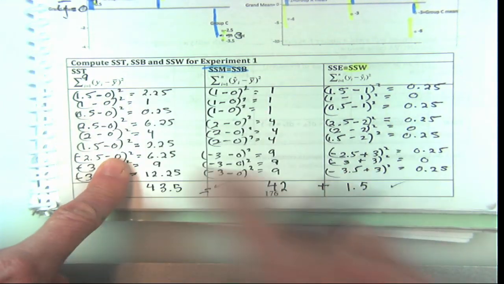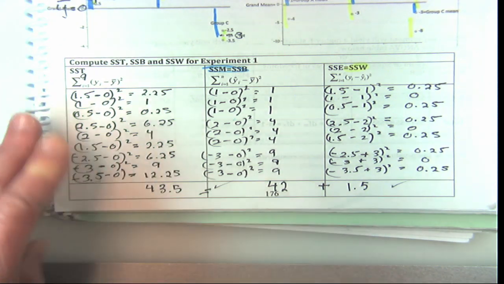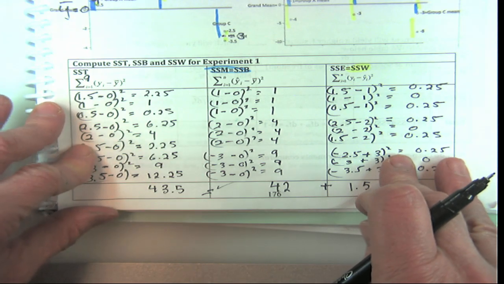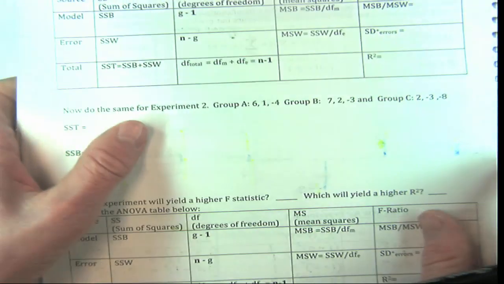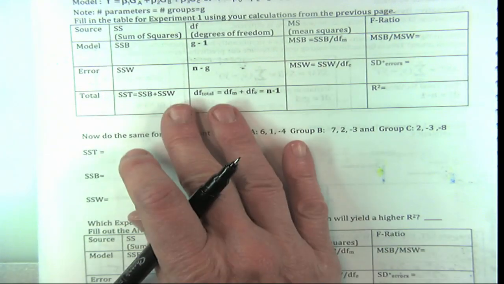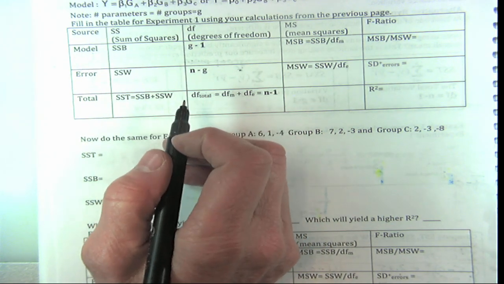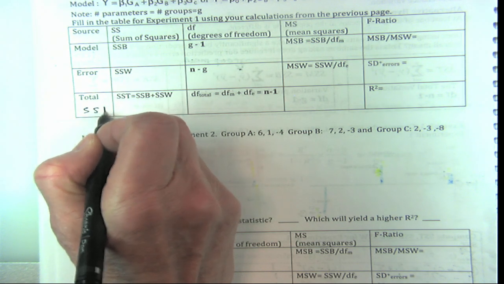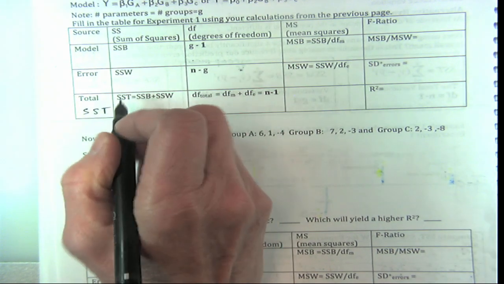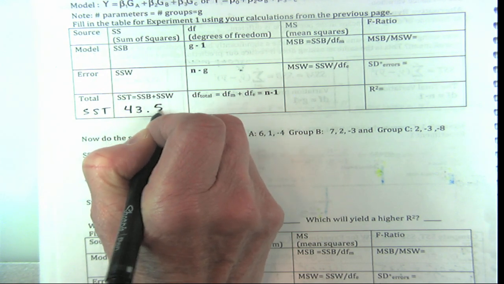I'll show you how the degrees of freedom match up and how you compute the F statistic from this. So let's turn the page to 177. We're just going to fill out what we just got. Here I have the sum of squares total, which we got as 43.5.